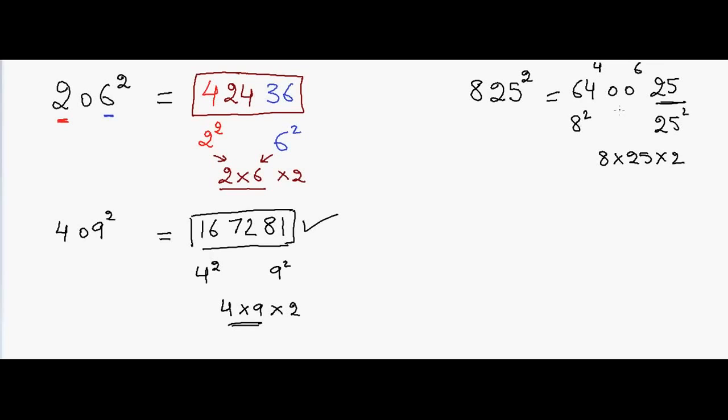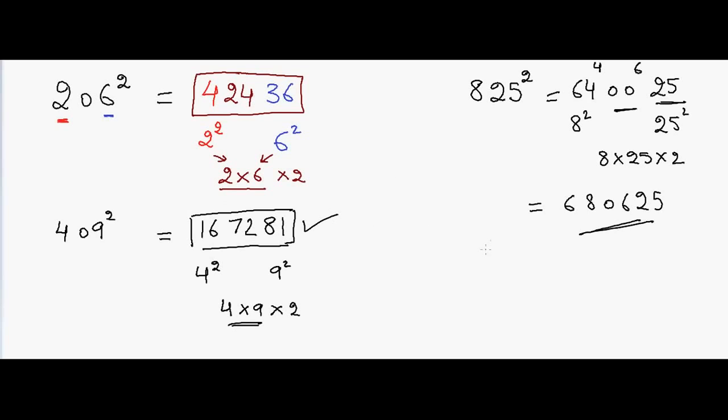Because we can only take the two digits. So now if we add them together, then it will be 6, and 4 plus 4 is 8, 0, 6 plus 0 is 6, and 25. So that will be my answer. So if you practice, then you can always do this calculation without even writing it on the paper.